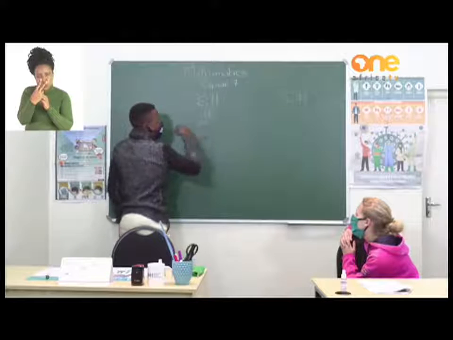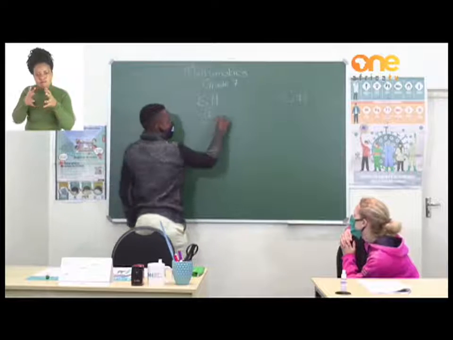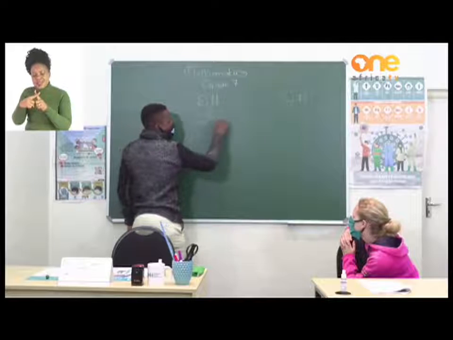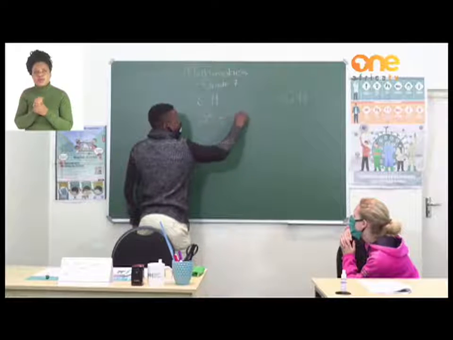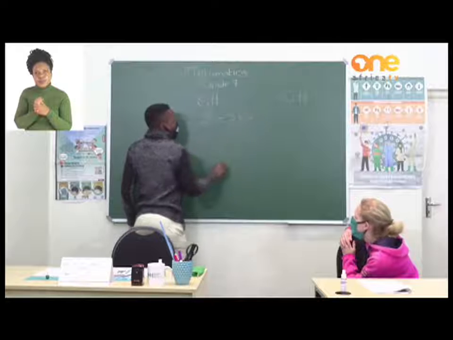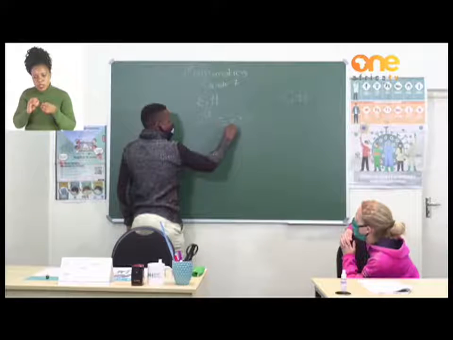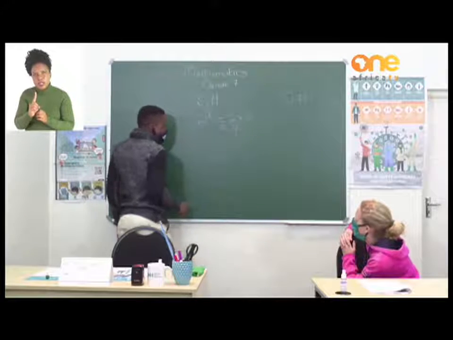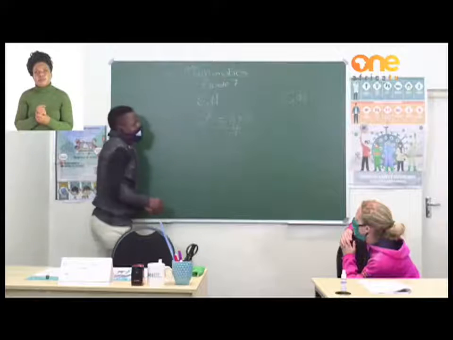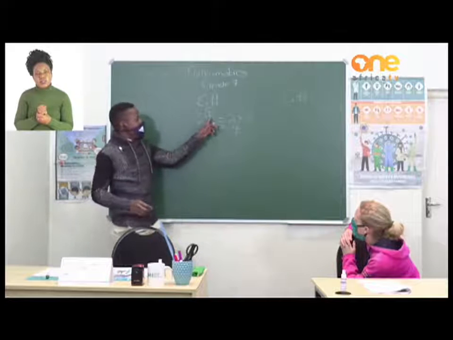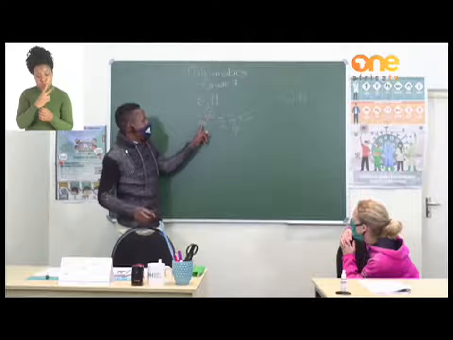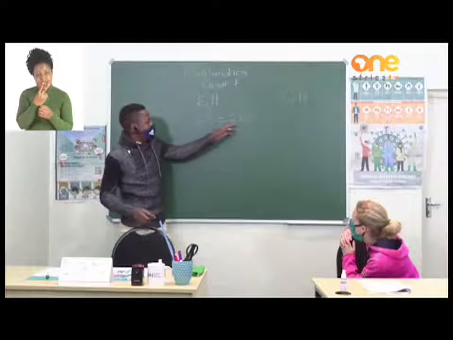You can also expand it in this way: 2 times 2 to give you a 4. If you look at this 2, it means this number has to appear twice.